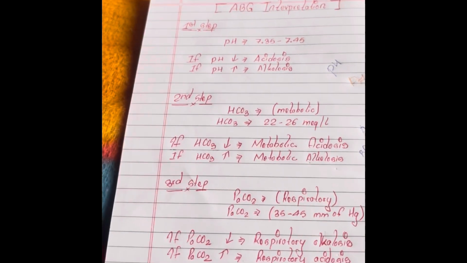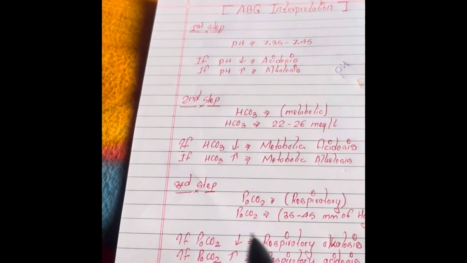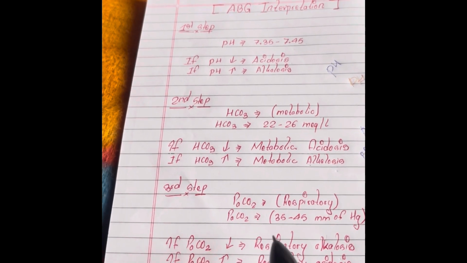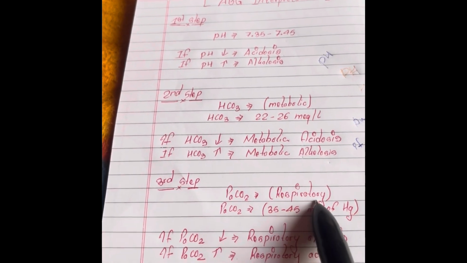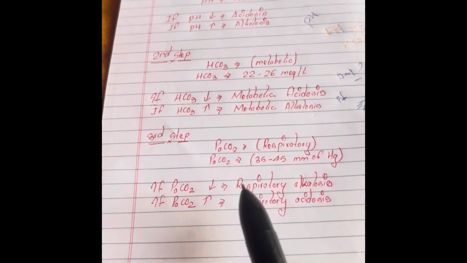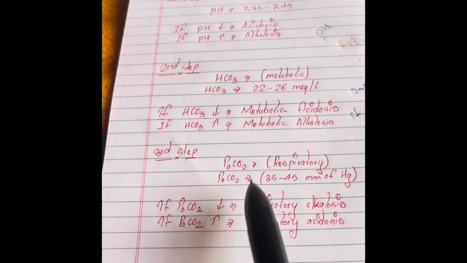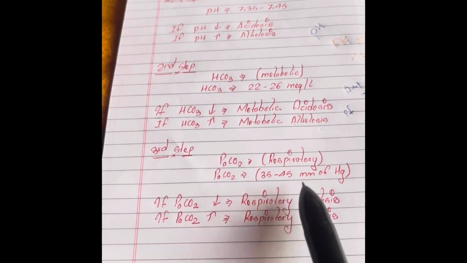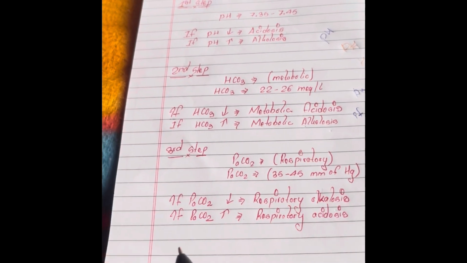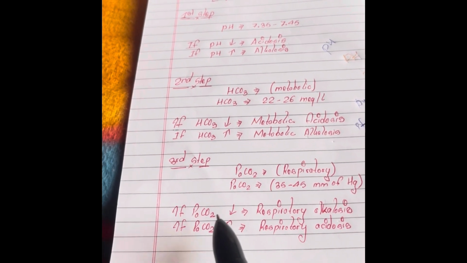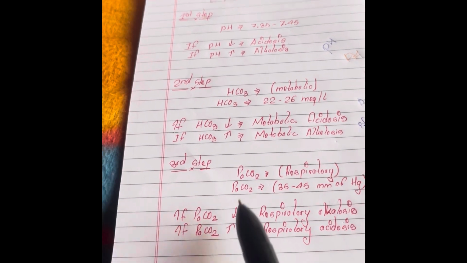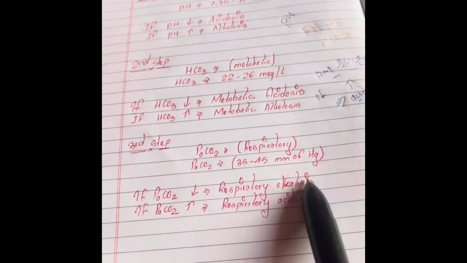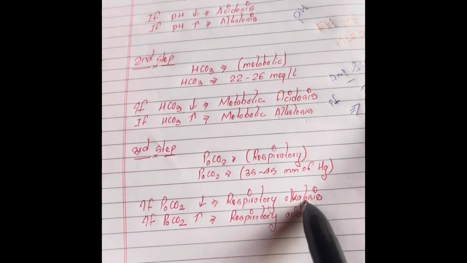And in the third step, we should also know the partial pressure of carbon dioxide, and it denotes the respiratory causes. The normal value of partial carbon dioxide is 35 to 45 mmHg. If the value of carbon dioxide decreases, then it will be just opposite, not acidosis, it will become alkalosis.